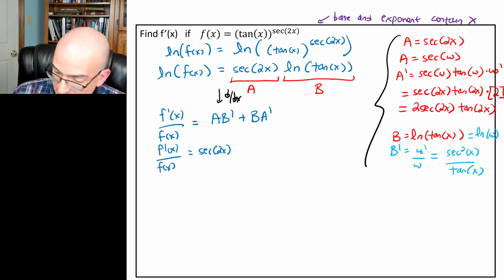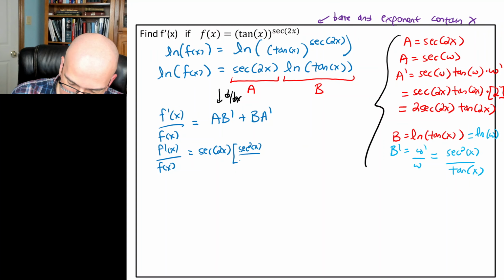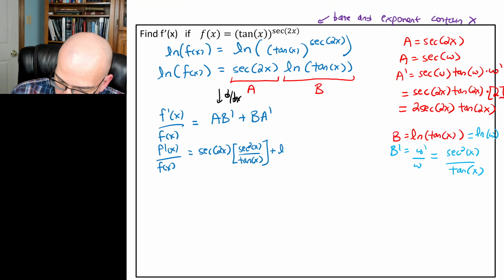B prime is secant squared of x over tan of x. Plus B times A prime, so plus the ln of the tan of x multiplied by the giant expression we got for A prime, 2 secant 2x tan 2x.